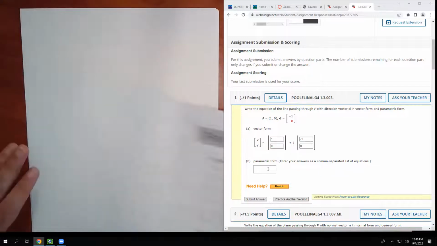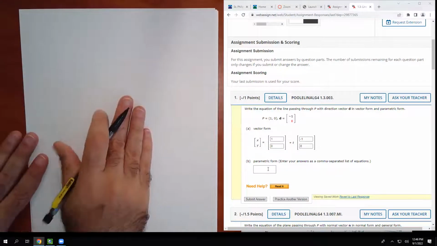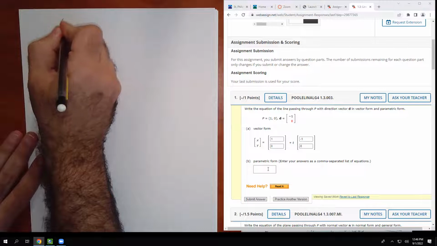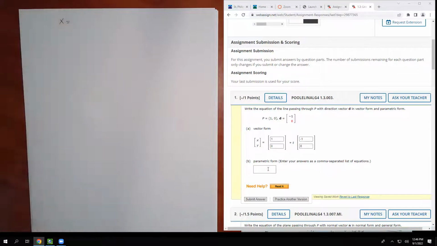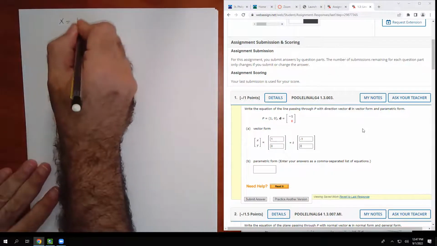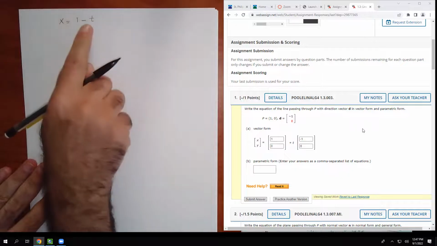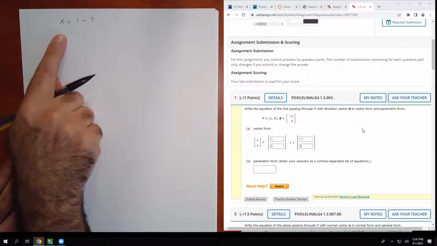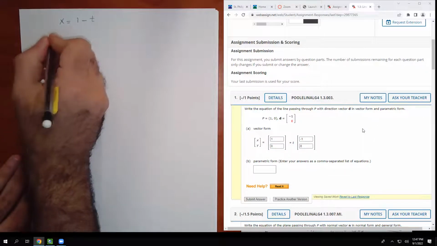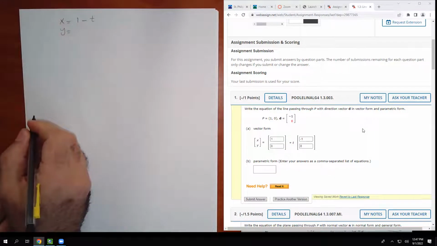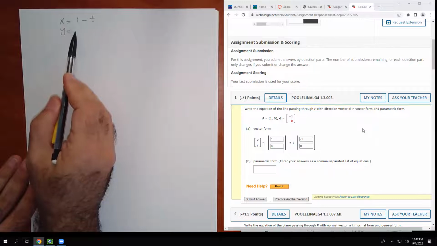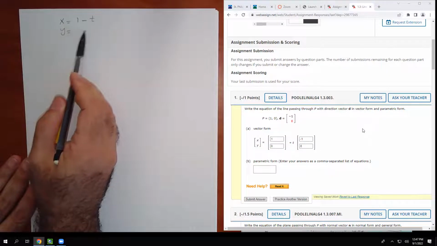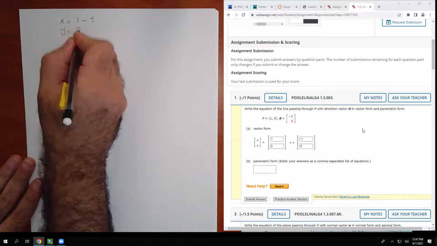X equals, if you look here, it's 1 plus T times -1. That means it's going to be 1 minus T, because -1 times T is -T. The second parametric equation is Y equals, there is no point here because it's 0. So it's going to be just 8T.